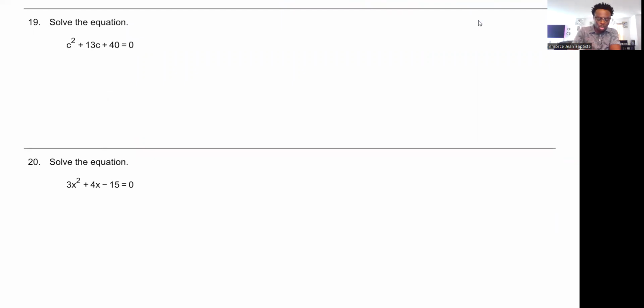Now, if we have a product, A times B times C times D, or more factors, in factored form, right?